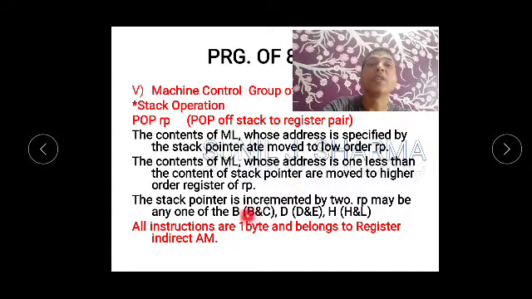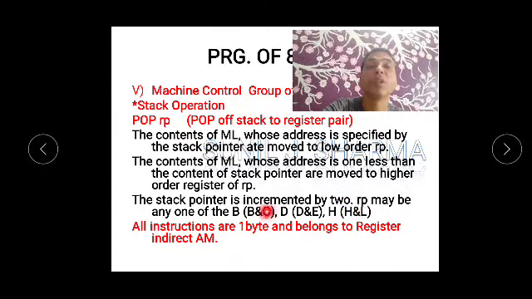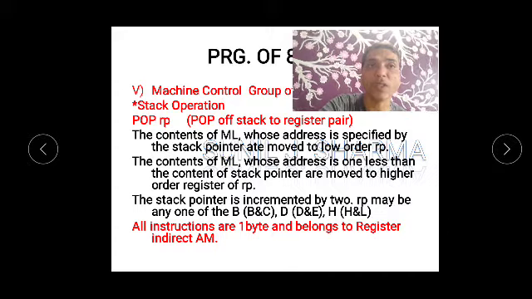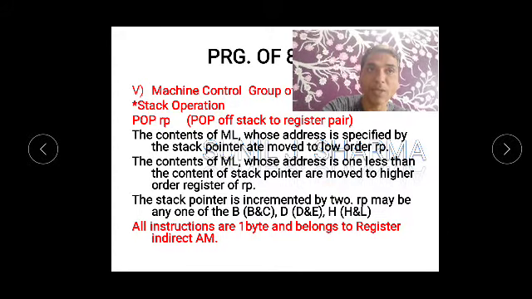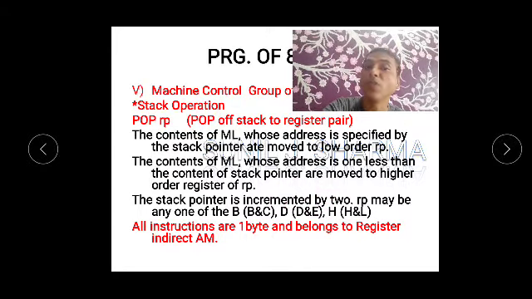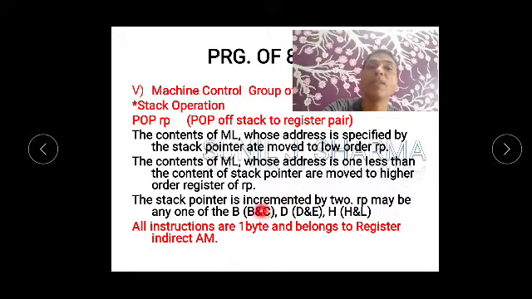Okay, so the stack pointer is incremented by 2, because you are just reversing this. Whenever you add something on the stack, the stack pointer is decremented, but whenever you remove something from the stack, the stack pointer is incremented by 2. Any of the pairs, like you already know, B, D and HL, same thing, all the instructions are 1 byte, they belong to register indirect addressing mode.